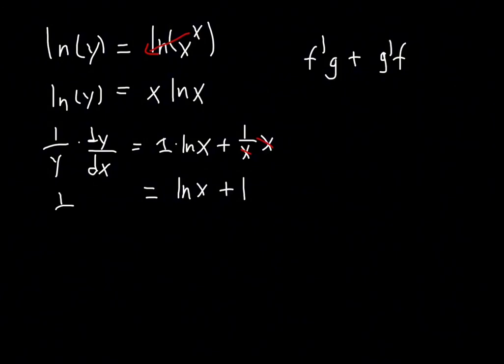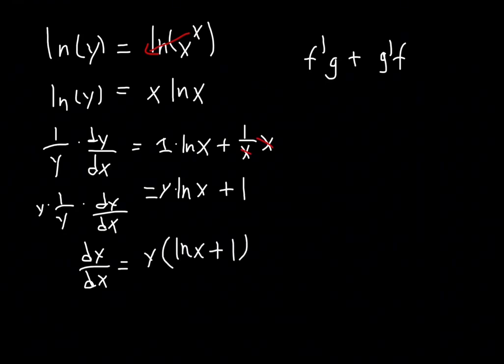And then on the other side we have 1 over y times dy/dx. Now our next step is to isolate for dy/dx. I'm going to solve for dy/dx by moving the y to the other side. So I'll multiply by y here, multiply by y here. So dy/dx is equal to y times (ln x plus 1).